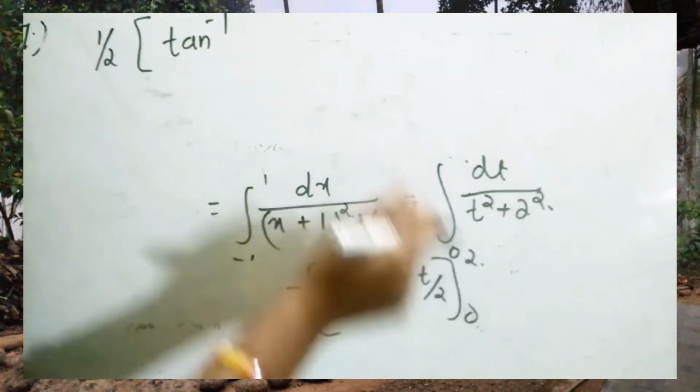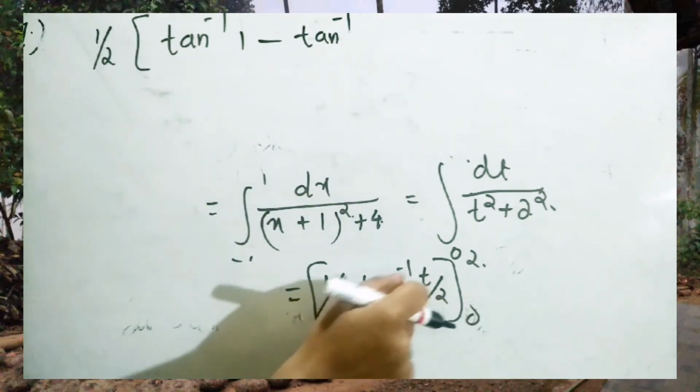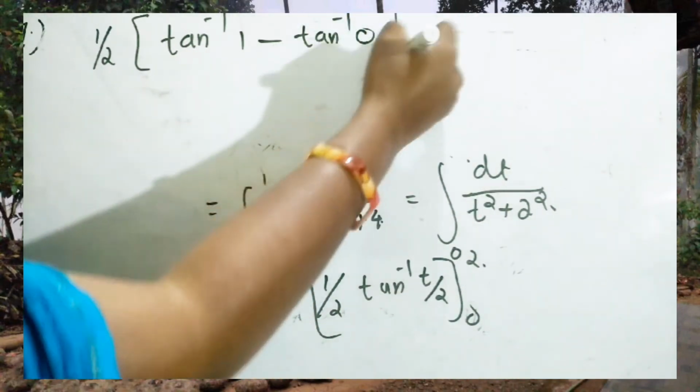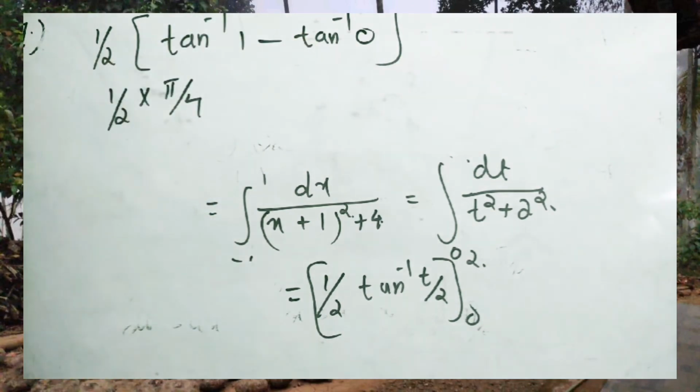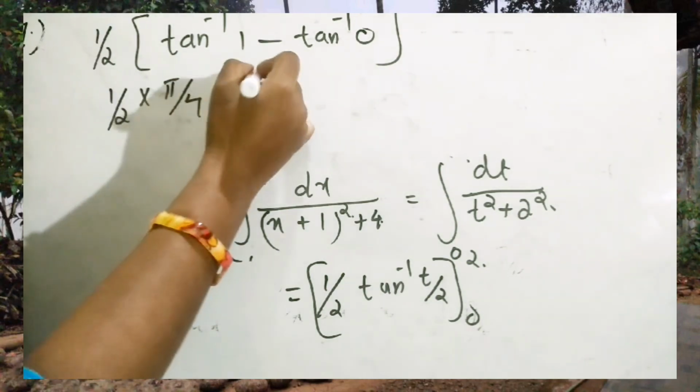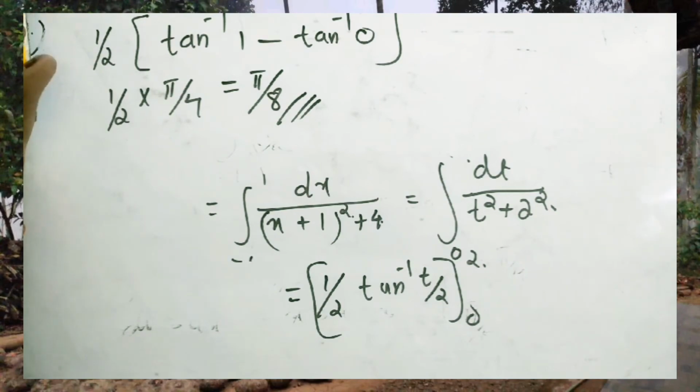Tan inverse 2 by 2 is tan inverse 1, minus tan inverse 0 by 2, which is 0. And this is 1 by 2 into pi by 4, because tan inverse 0 is 0. 1 by 2 into pi by 4 is pi by 8. We will get the answer, that is pi by 8.